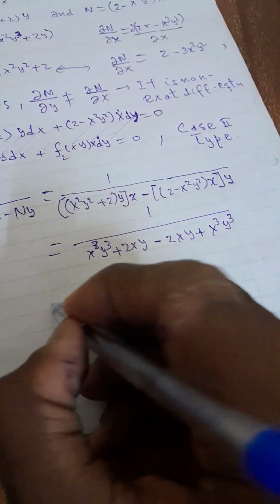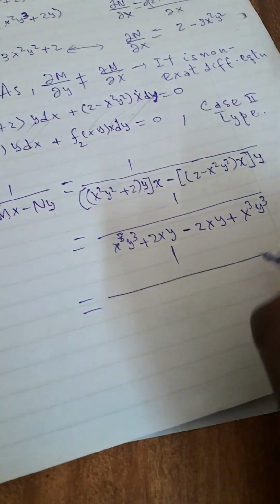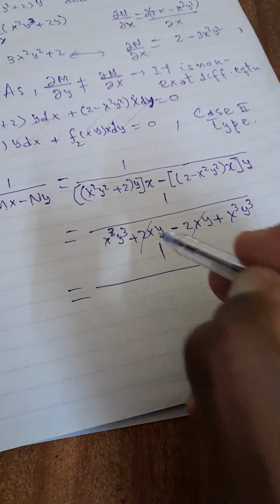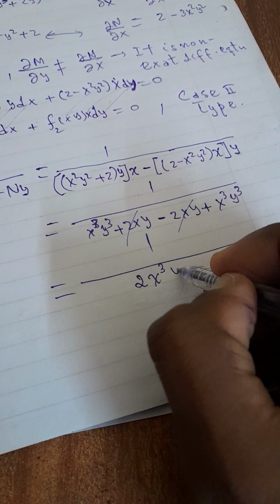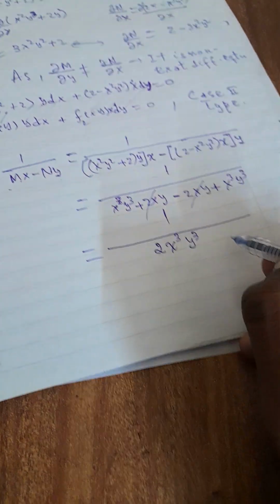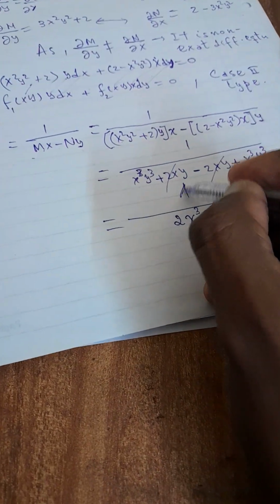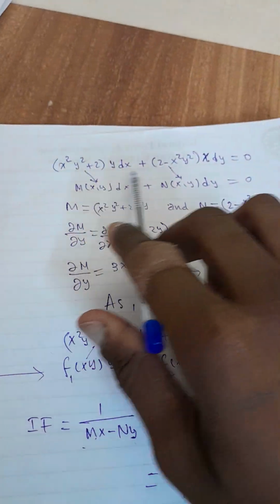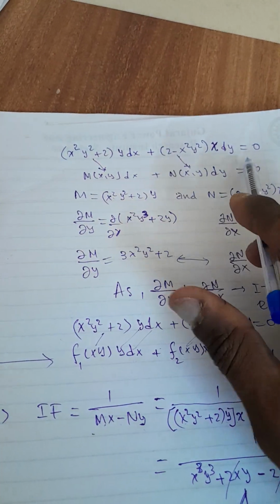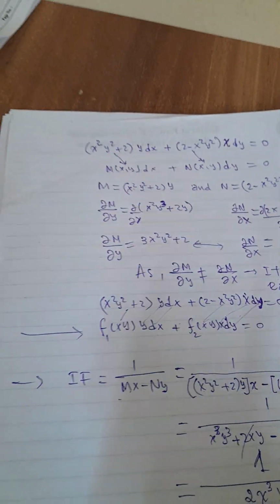Now that you form this, this and this will be cancelled out. It will be only 2x cubed y cubed. This is your IF. It means that this is the expression that you are going to use to multiply this whole equation to make it an exact differential equation.